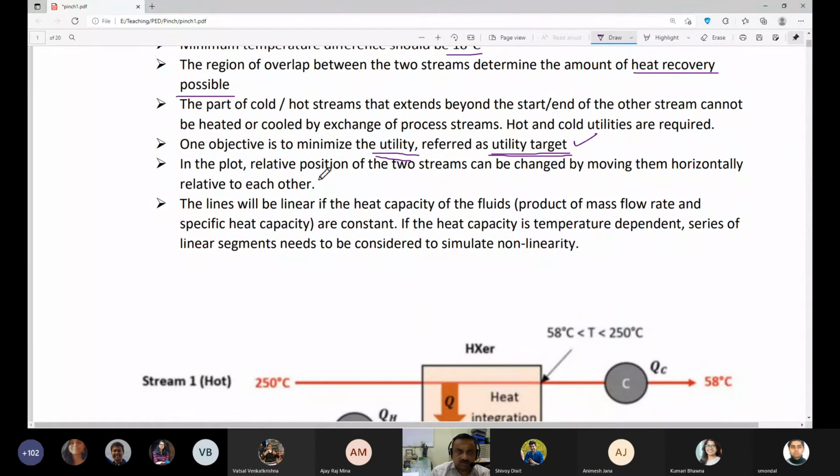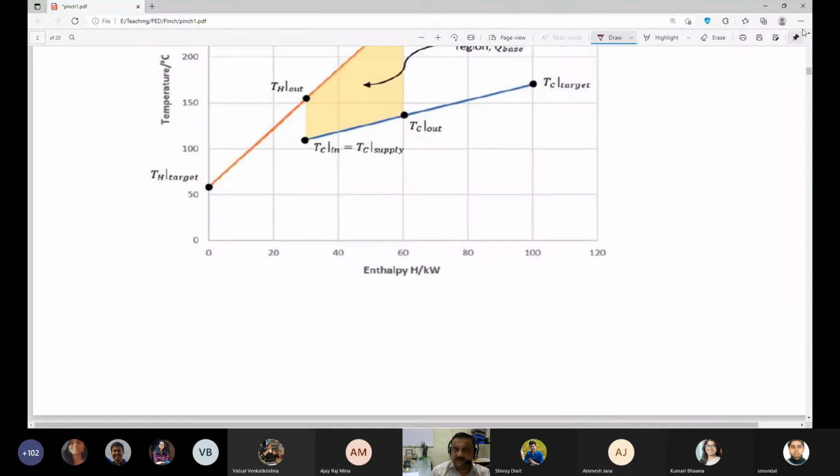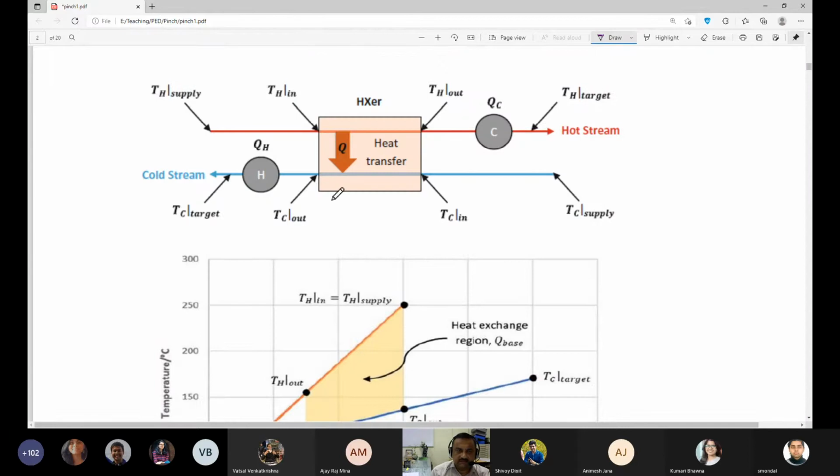So in the plot, the relative position of the two streams can be changed by moving them horizontally relative to each other. I can show you how it works. You can see that this is the way the heat transfer takes place. I have a supply temperature, let us say the same as the inlet temperature. So this is the heat exchange module.